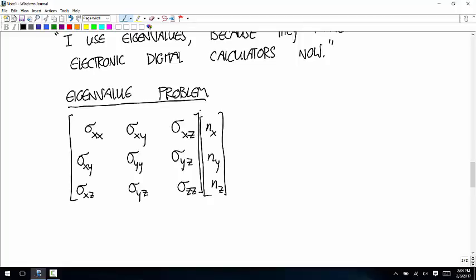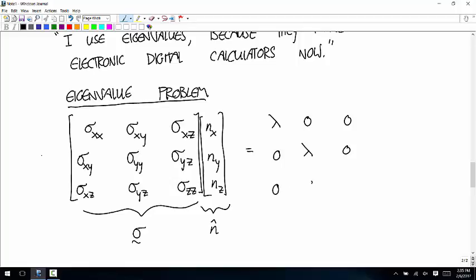All I'm doing is rewriting that eigenvalue equation element by element. I'm going to write it like this, which works the same way: lambda 0 0, 0 lambda 0, 0 0 lambda, times that outward facing normal.